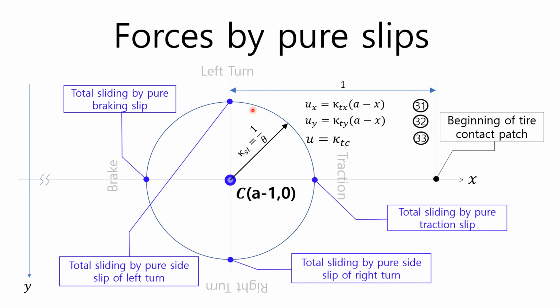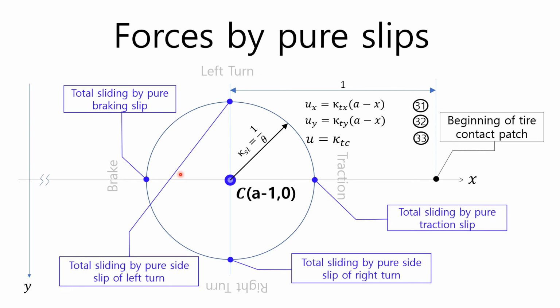And the point where that line meets the combined slip circle in the positive y area represents total sliding by pure side slip in the right turn. Among the points where the combined slip circle meets the x-axis, the leading point represents total sliding due to pure longitudinal slip that occurs during traction.